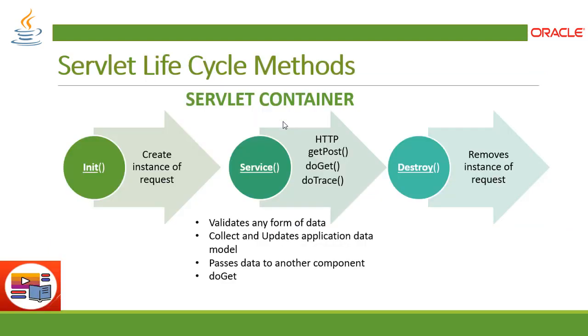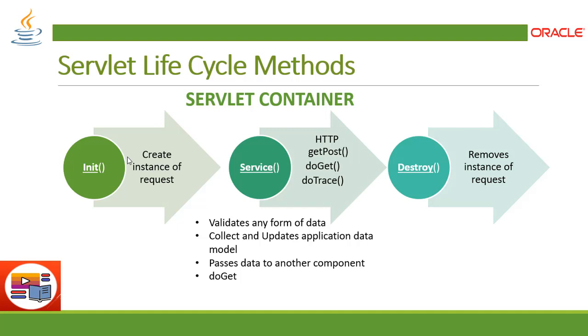Let's learn about the Servlet lifecycle methods. As you can see, we have seen in the Servlet architecture, there is a web component. Inside there, we have the Servlet container, and that's where the servlet exists. Now, when we start a client request, it starts from the init method, which is defined in the Servlet API, where we create an instance of request, and the request can be of any protocol.